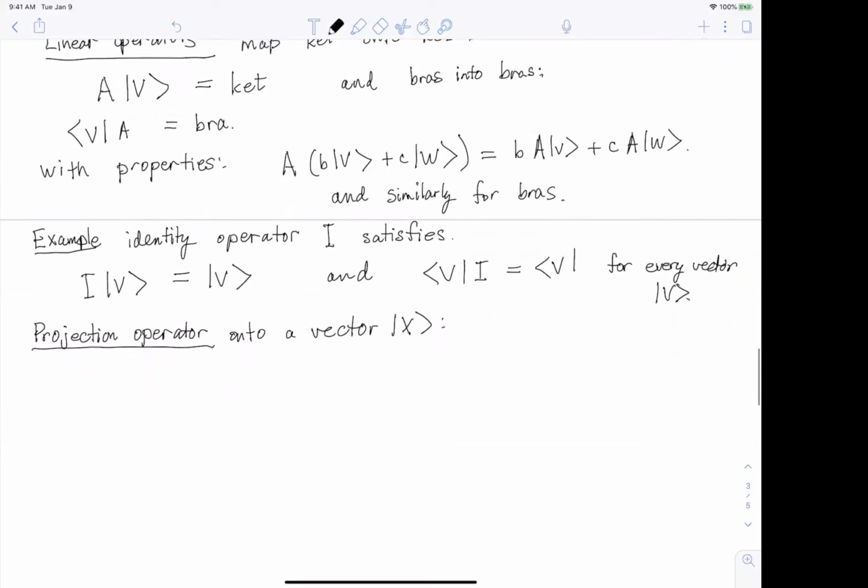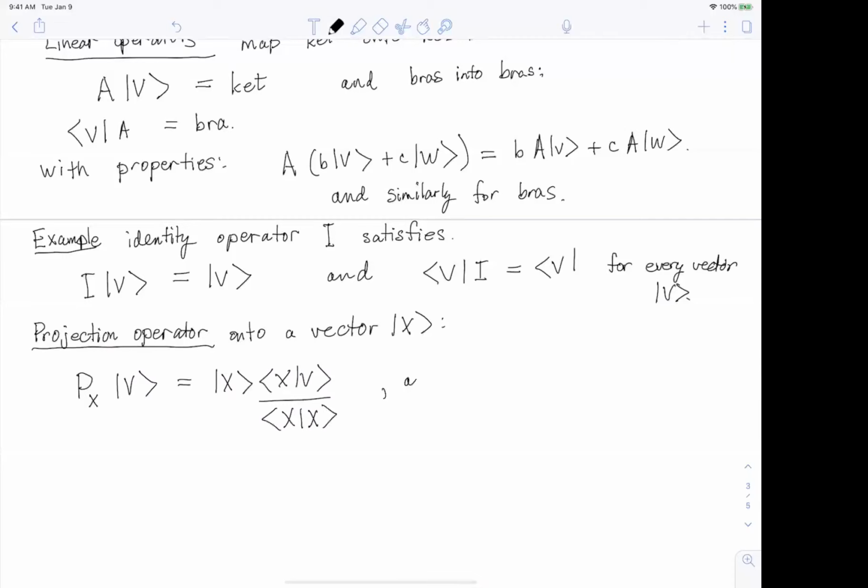Okay, and the way that's defined is P sub x, that's the name of my projection operator, acting on any other vector V is equal to, this is just a definition, x times the inner product of x with V, divided by the inner product of x with itself.